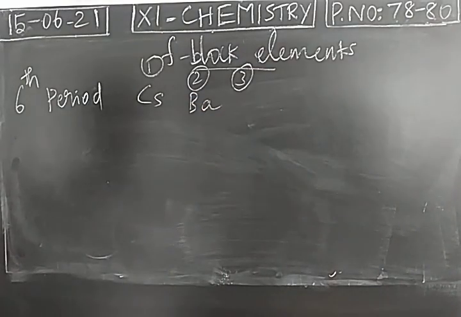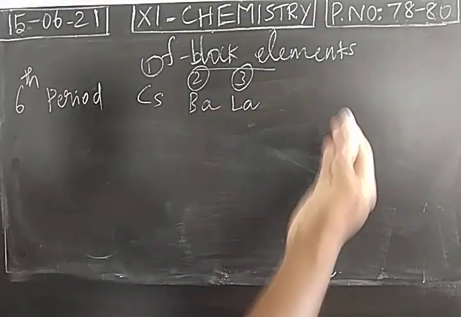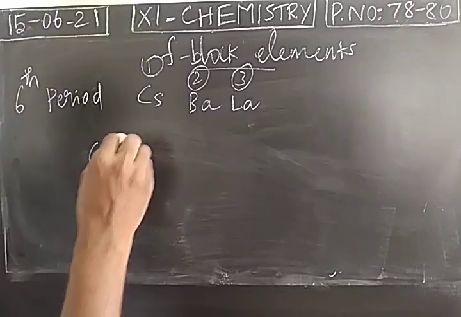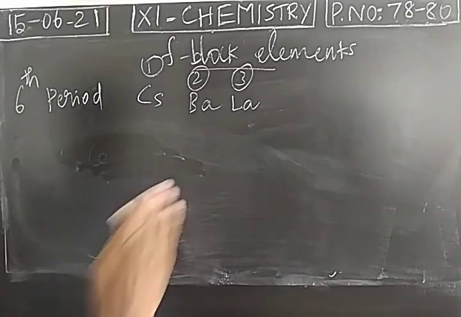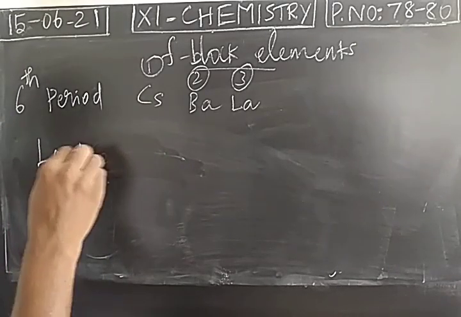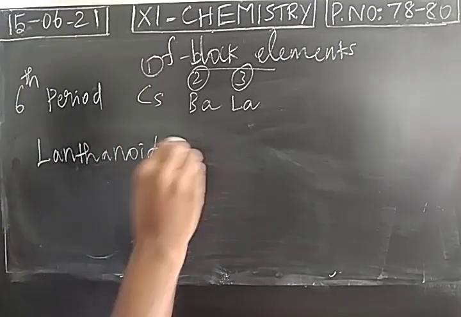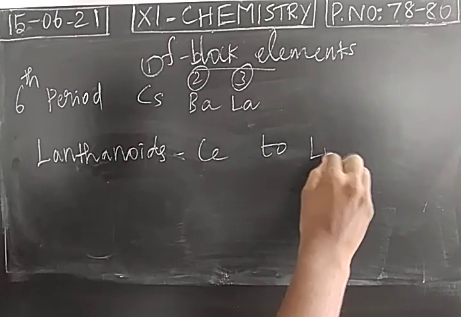In the third group, we have the element lanthanum. After lanthanum, there are 14 elements like cerium, promethium, like that, 14 elements present. These 14 elements are called lanthanides or lanthanoids. It starts with cerium and ends with lutetium.